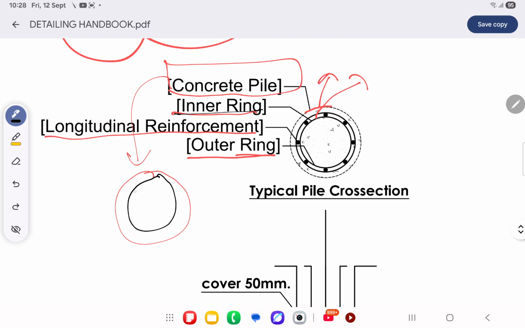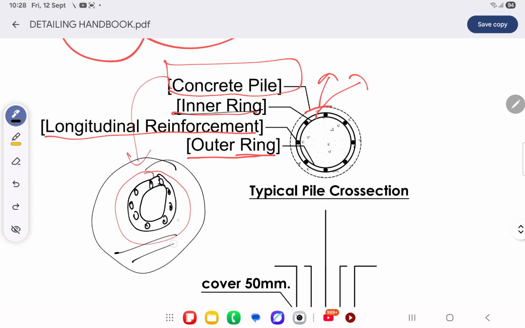We generally provide longitudinal reinforcement like that, and again we generally provide the outer ring. So suppose this is the inner ring and this is the outer ring. Like that, this is the typical cross section.